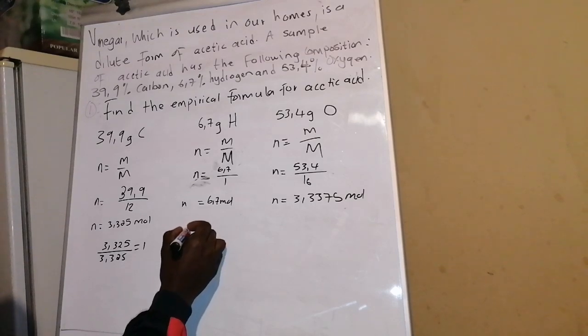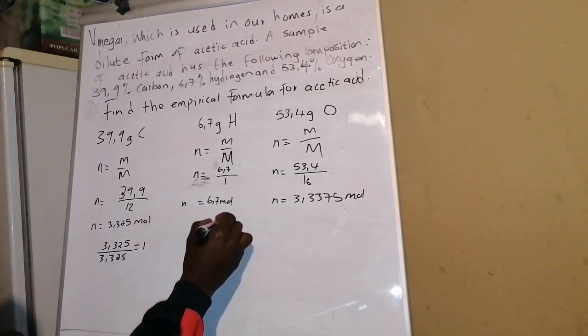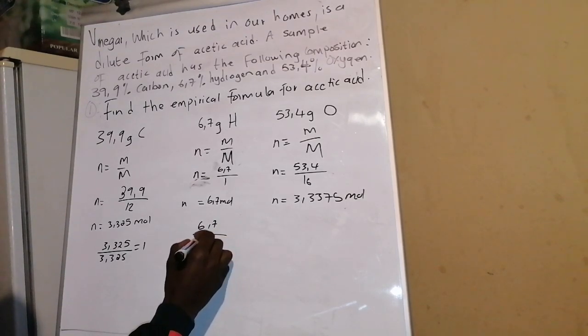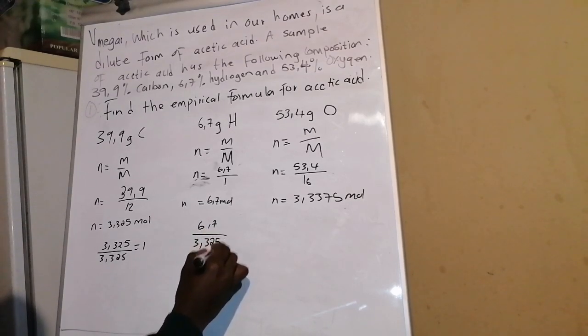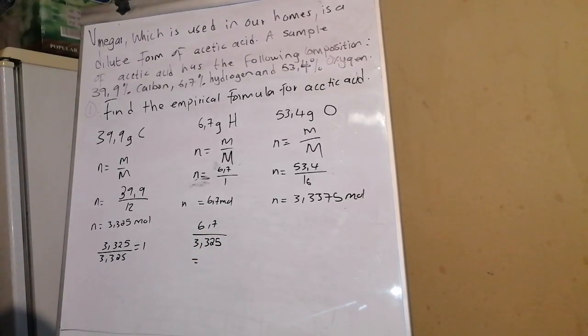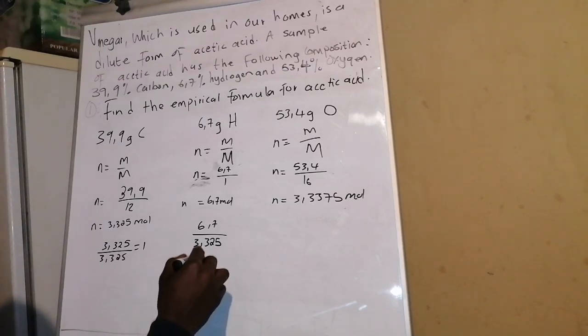Here you take that one, which is 6.7, you divide by the smaller number of moles, which is 3.325. You just write that on your calculator. 6.7 divided by 3.325, you get 2. You get 2 here.